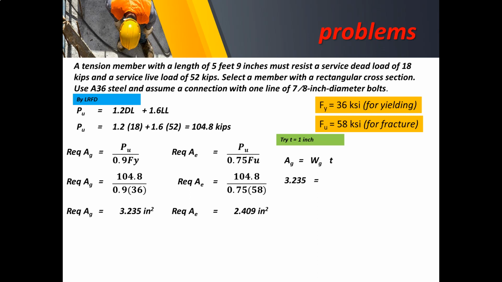So doing that, the gross width will be just equal to your gross area, 3.235 inches, having a 1 inch thickness.